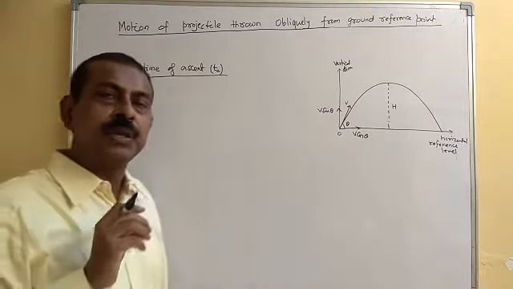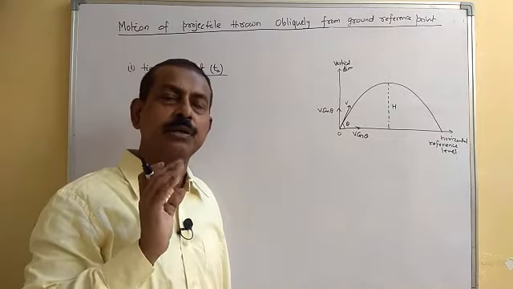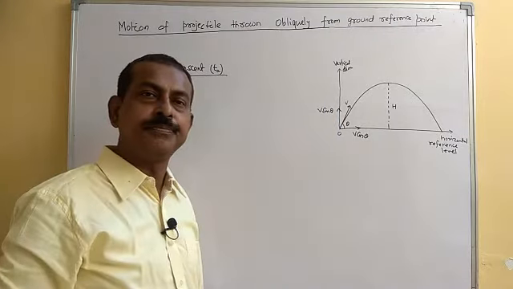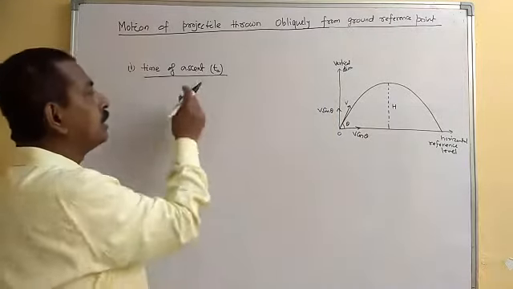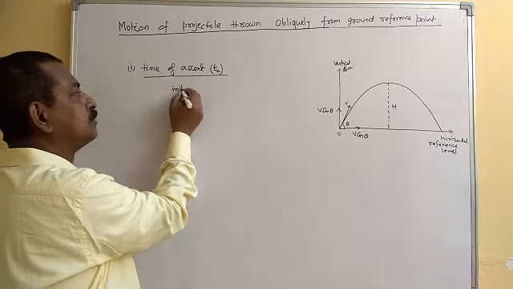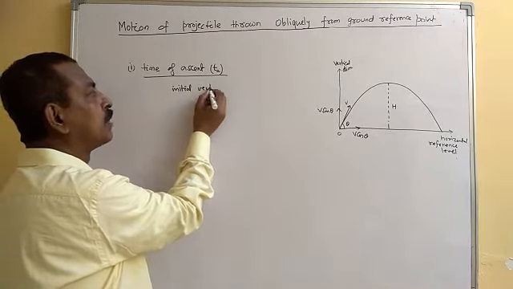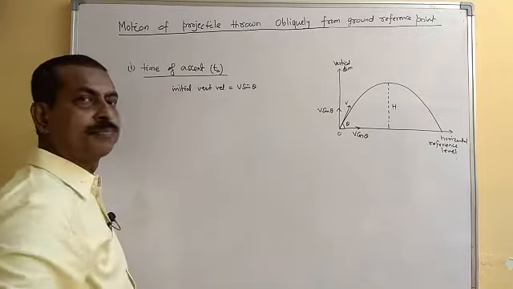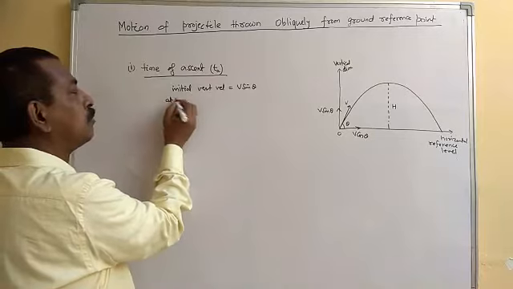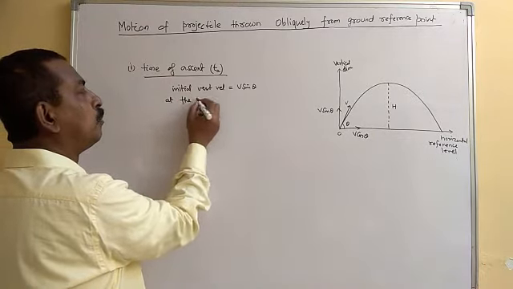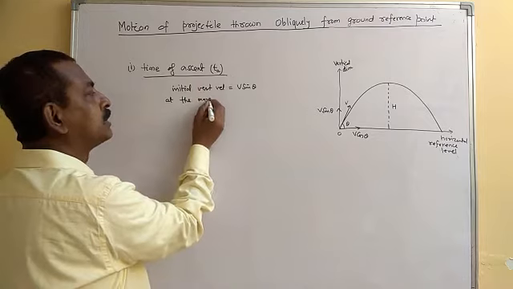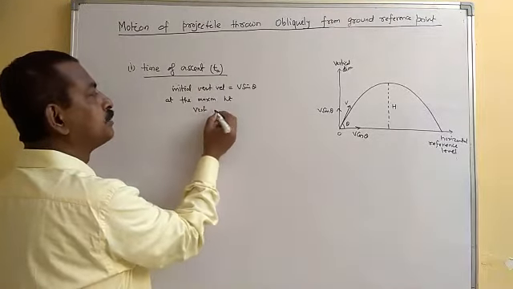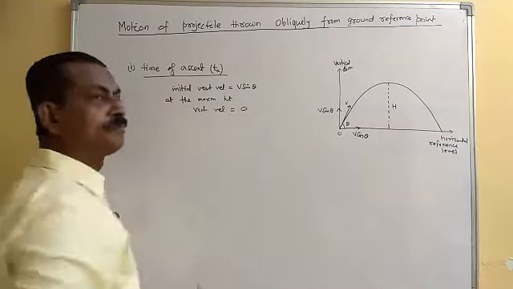Time of ascent. This is the time taken by the projectile to move from point of projection to the point of maximum height. So here, initial vertical velocity, this is your v sine theta. And at the maximum height, vertical velocity will be 0.